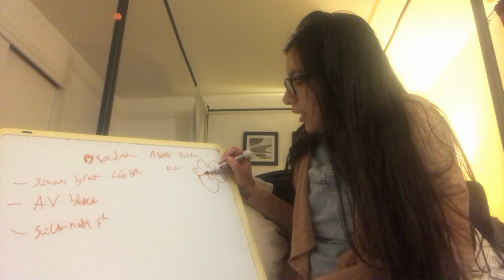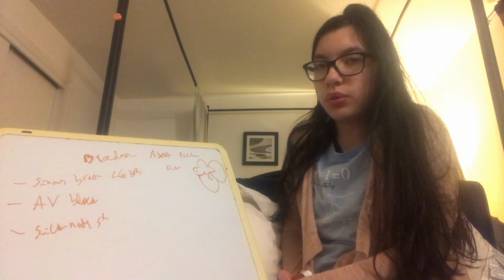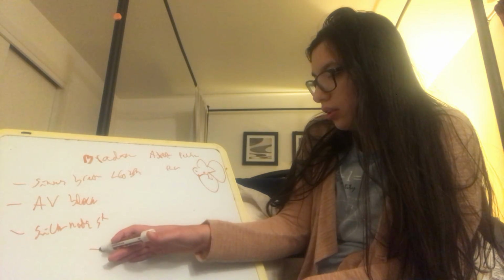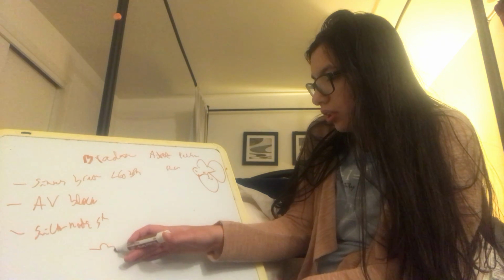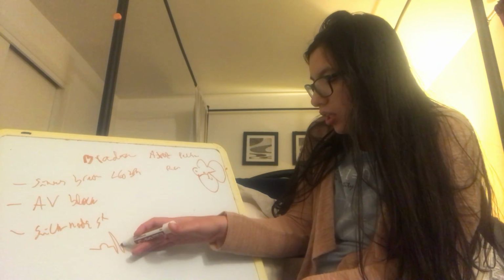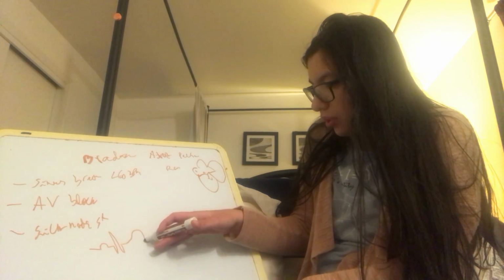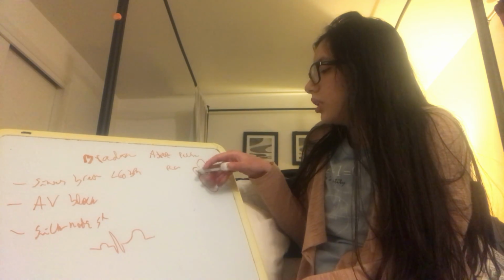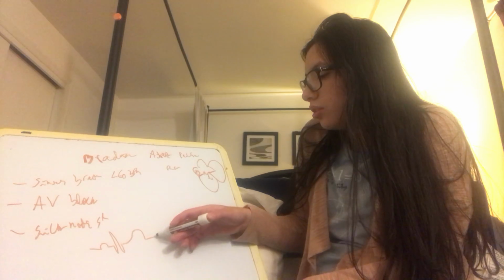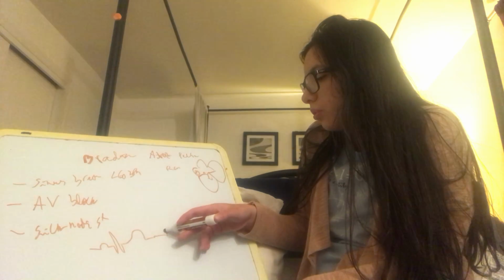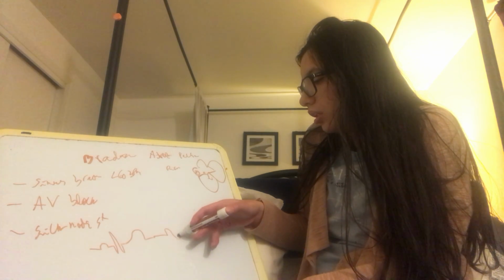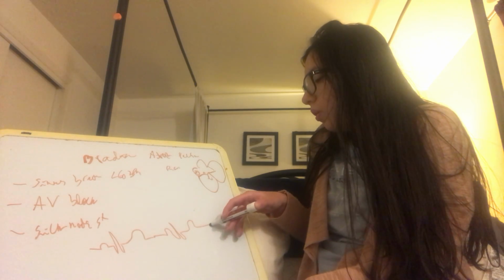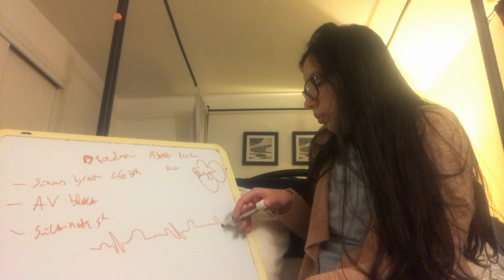The next one in line is the atrioventricular node. So we see this as a P followed by a QRS and the T wave, and it's taking too long for this node to react. So then a long pause, P, the QRS, T wave, so long, and the P wave, etc.